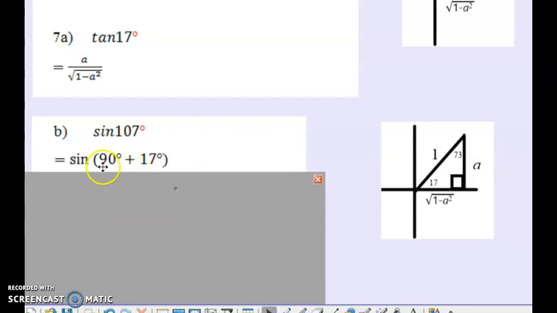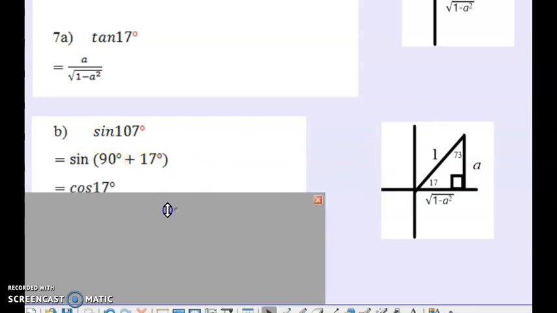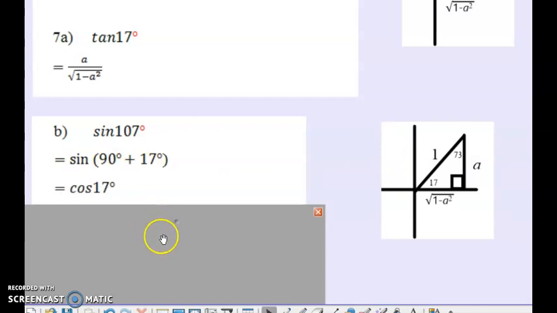Next step, I need to activate the co-ratio, and the co-ratio of sine is cos of 17. 90 degrees plus, that will be in the second quadrant. Sine is positive in the second quadrant. Hence my answer will be positive cos of 17 degrees.